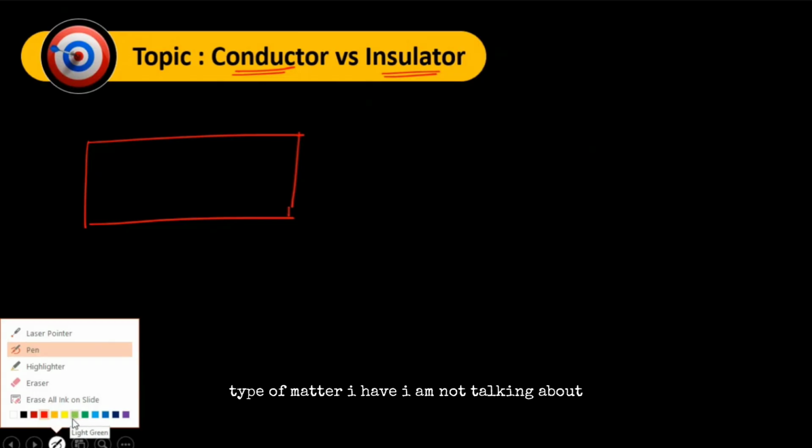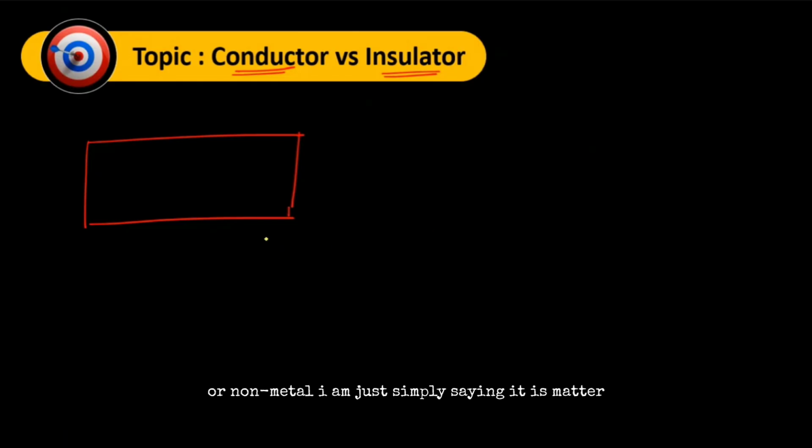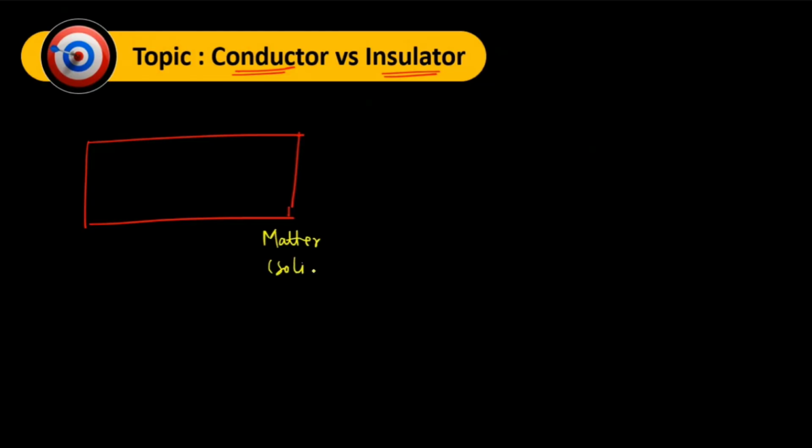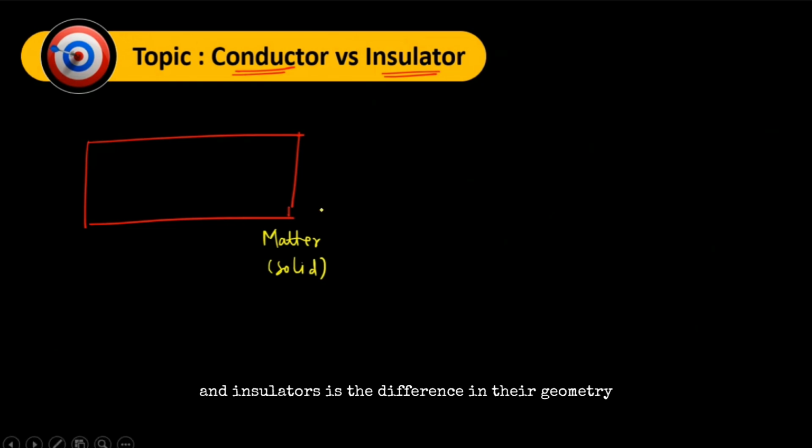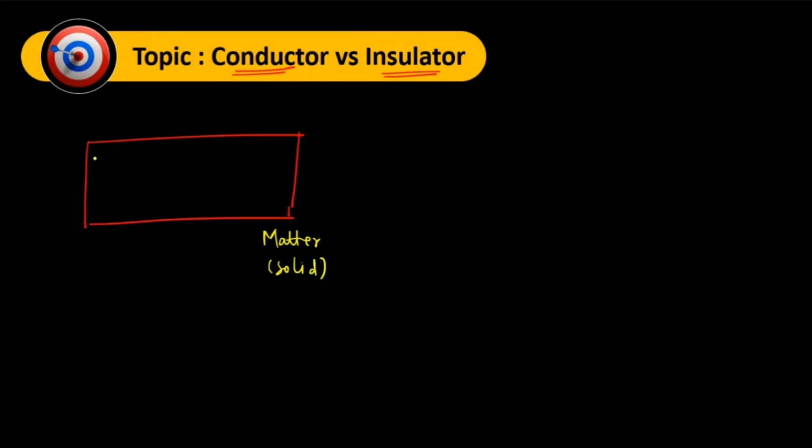I am not talking about whether it is metal or non-metal. I am just simply saying it is matter and it is solid. Now, the difference between conductors and insulators lies in their geometry.